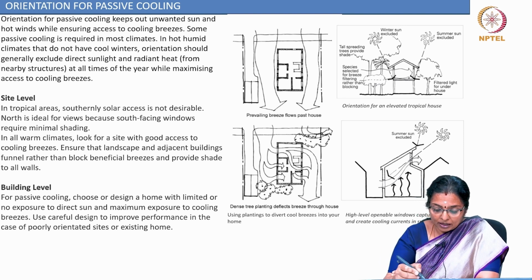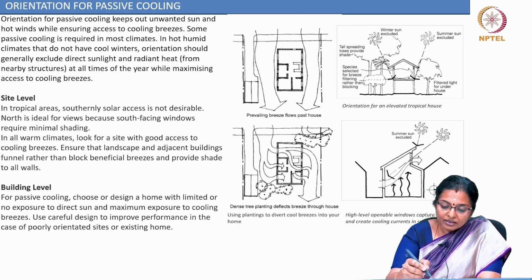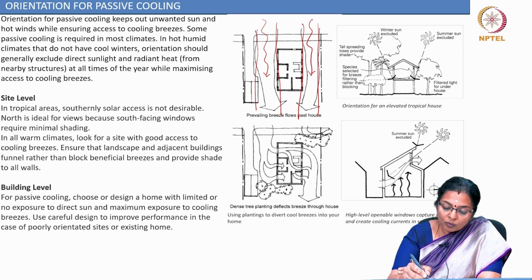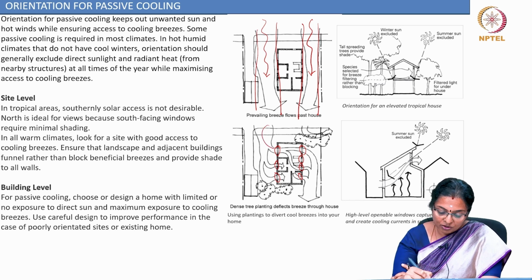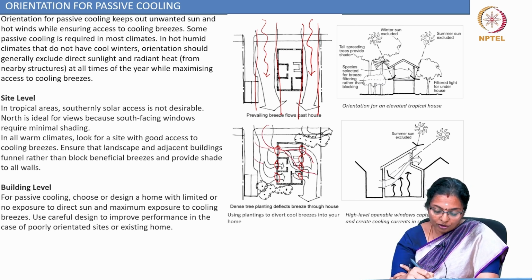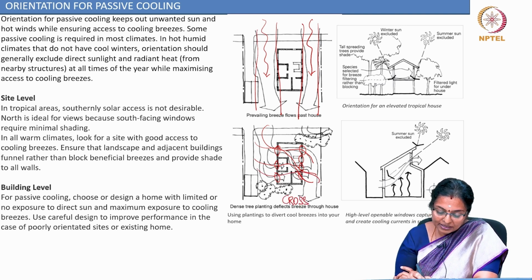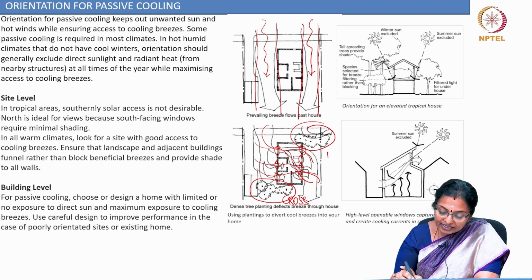So, if you see both these houses here, because the aspect ratio is correct and this street is along the prevailing wind direction, there is breeze on the streets. Providing openings along the areas which have breeze direction is also bringing in a lot of cross ventilation, and this cross ventilation happens because you have a chunk of trees which is diverting the breeze.